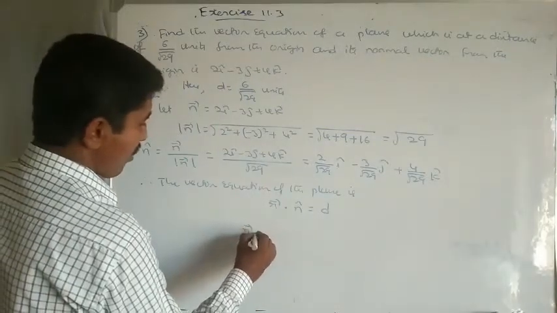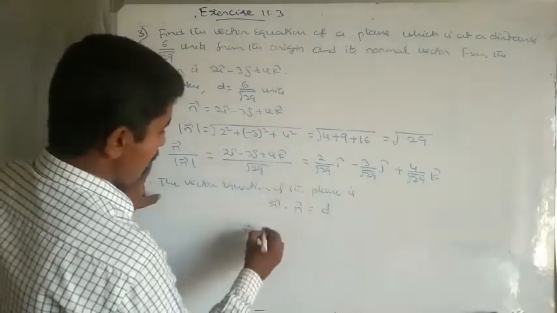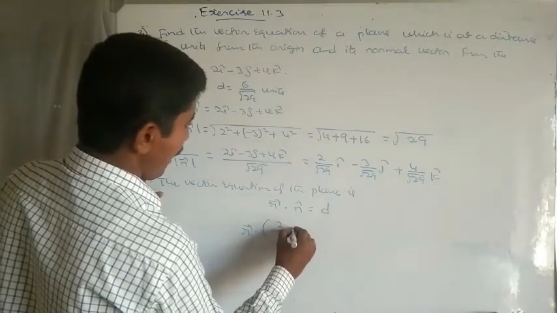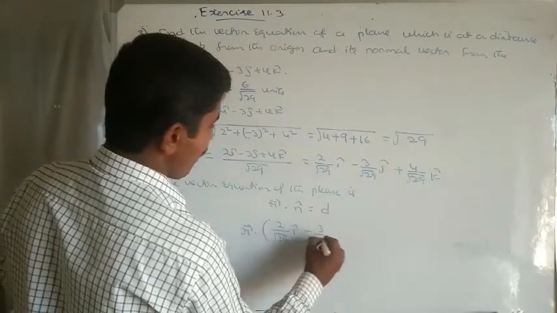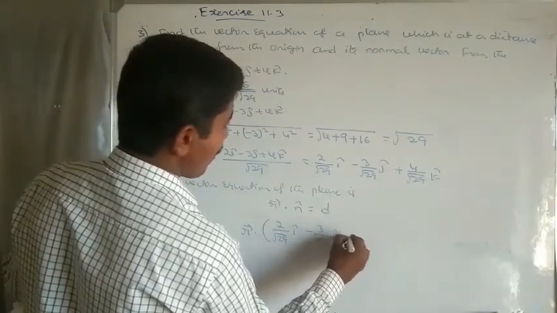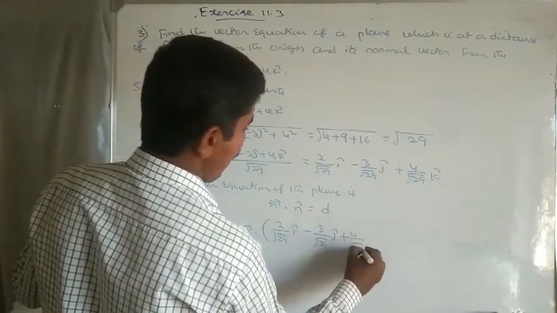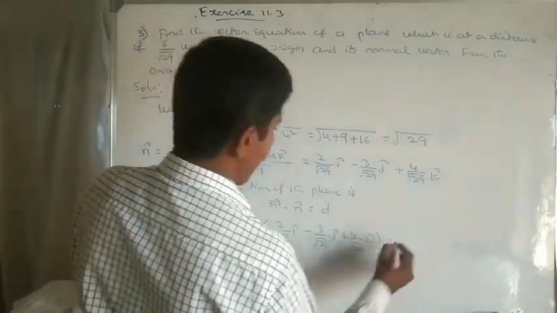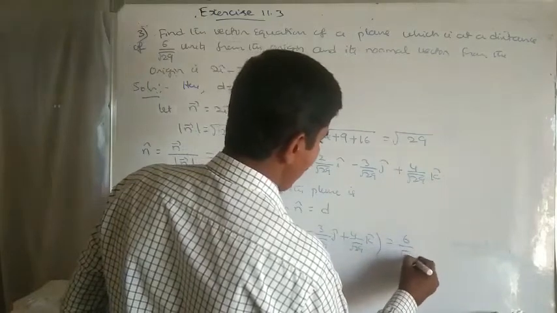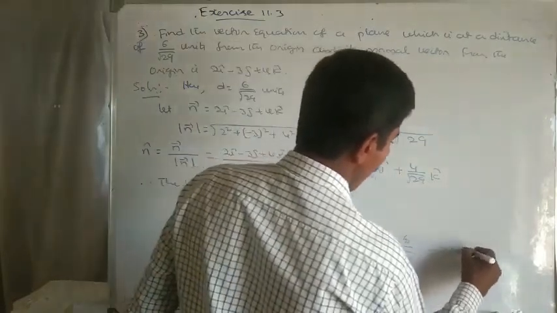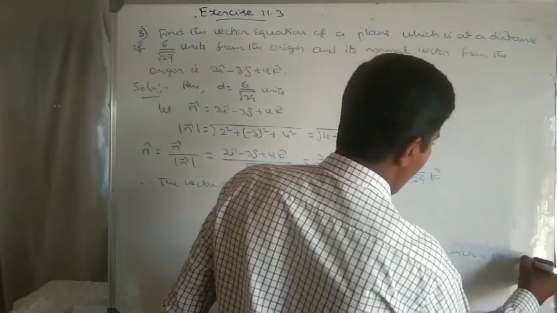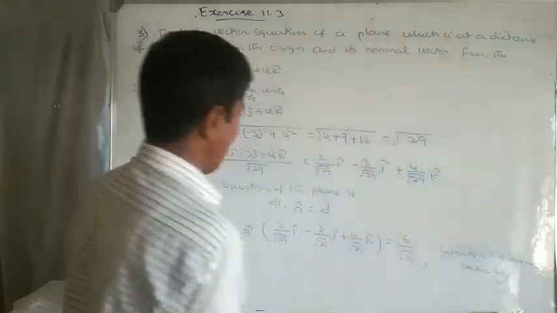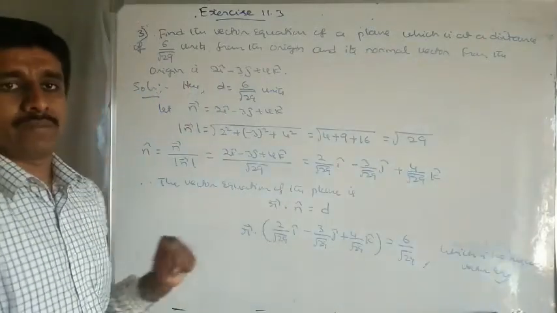Vector r dot (2 by root 29 i cap minus 3 by root 29 j cap plus 4 by root 29 k cap) is equal to d. Distance d equal to 6 by root 29, which is the required vector equation, similar to the last problem.